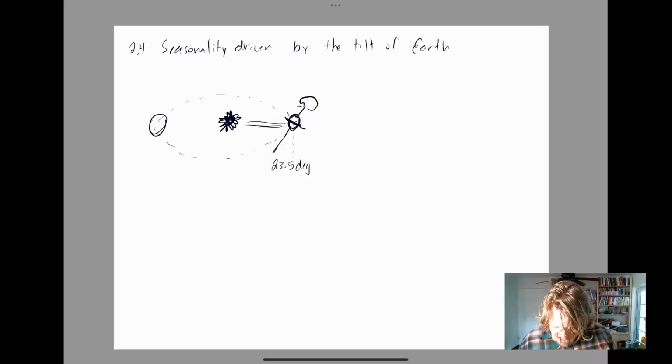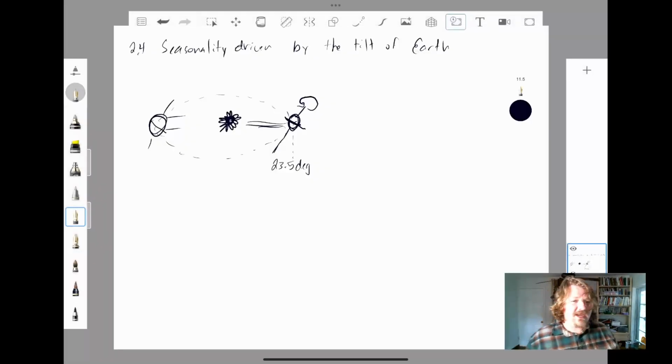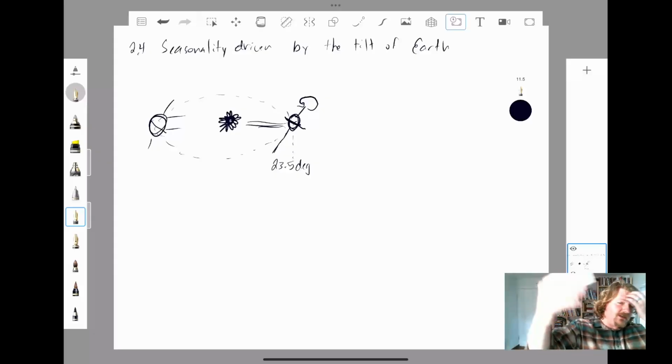At other positions in its orbit, the northern half gets much more sun. And that leads to seasonality outside of the tropics. This 23.5 degree tilt is especially important because things below 23.5 degrees on the planet receive less seasonal change, whereas the further you are away from the equator, the larger those seasonal changes are.